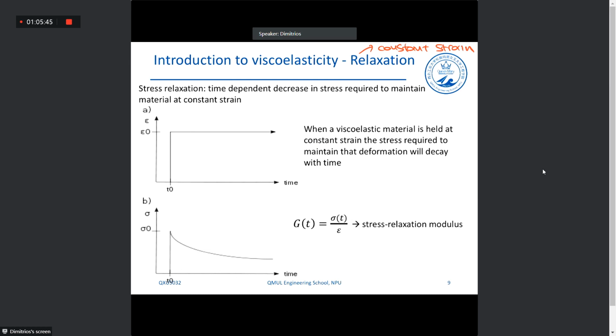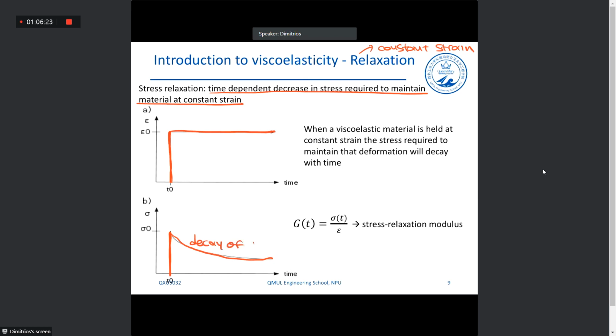So what we do in this case, we apply the strain very fast, okay, at t zero, and we keep the strain constant. What happens here is we have the initial increase of the stress, and then in order to maintain the constant strain, we have a decay of stress sigma. I'm not sure if it's fully exponential, but let's say an exponential decay.